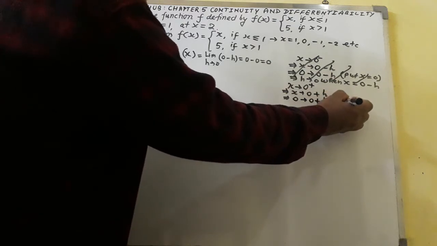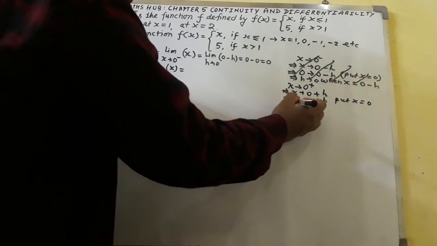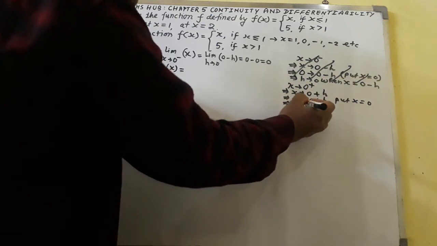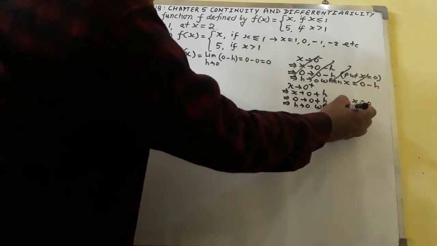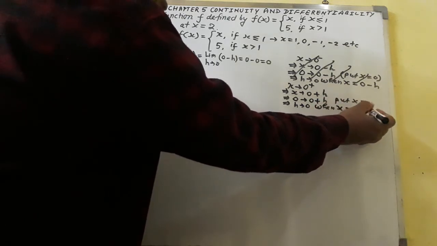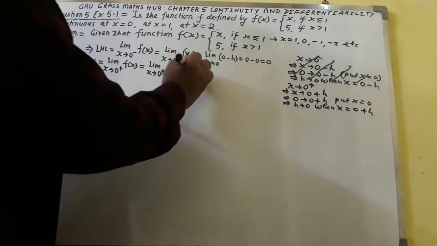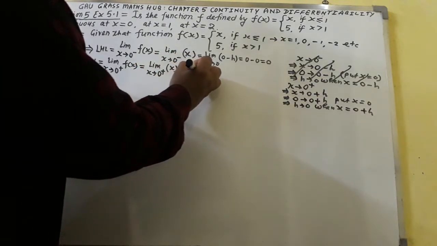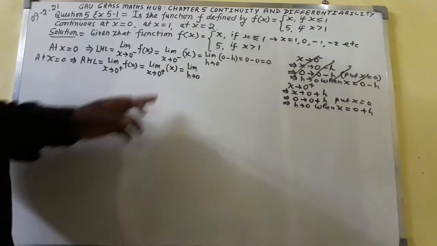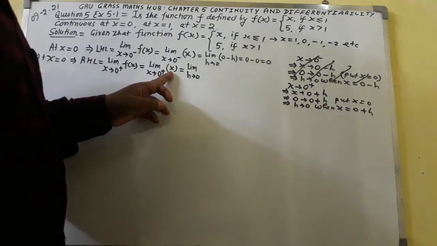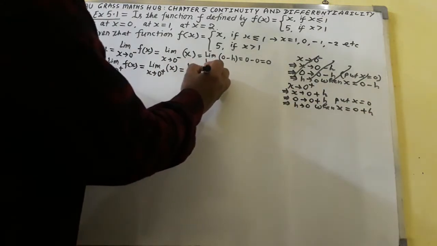So here you will get h tends to 0 when x equal to 0 plus h. Now here I shall write lim h tends to 0, and in place of x I have got x equal to 0 plus h, so here I write 0 plus h.